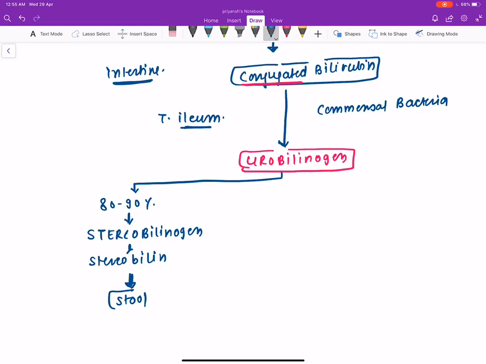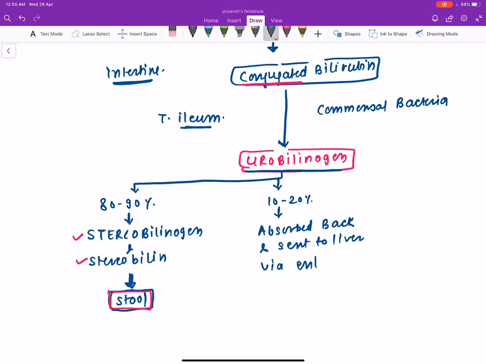So I can say that the majority of urobilinogen is excreted via stool in the form of stercobilin and stercobilinogen. Around 10 to 20% will be absorbed back and sent to the liver via enterohepatic circulation.